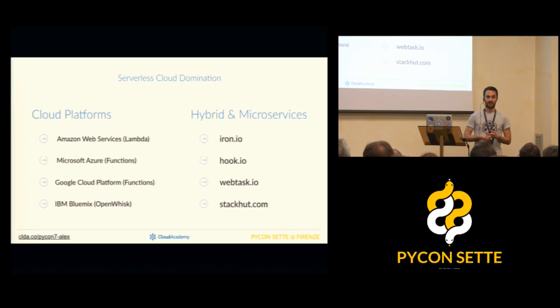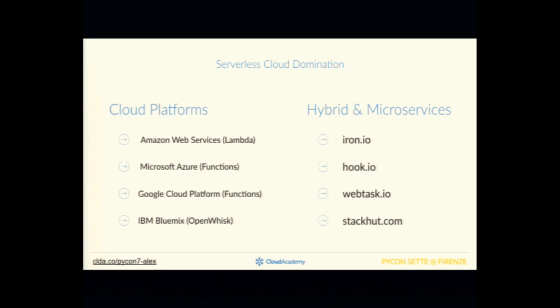And unfortunately, none of them supports Python yet. But even Amazon Lambda took almost a year to support Python, so I would expect to see the same in the other providers. There are other solutions, more hybrid, where you can basically upload your little Lambda function, the same thing, but in a different way.